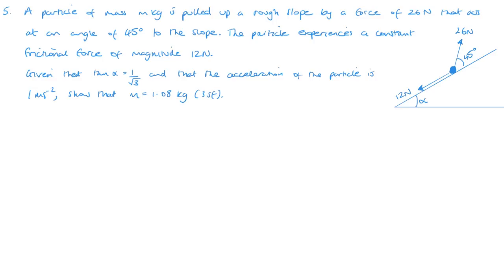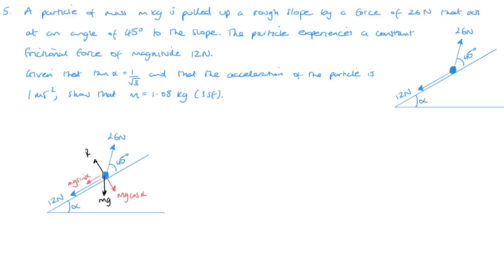So let's start off with the diagram. So here's my diagram. Let's put on my forces. My normal reaction is there. This is mg. Resolving mg will give me mg cos alpha and mg sine alpha.